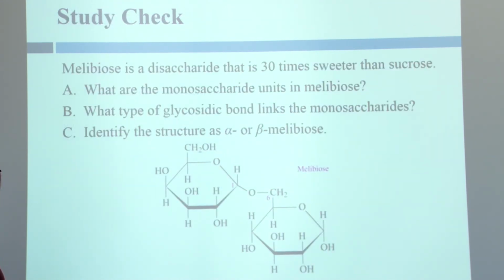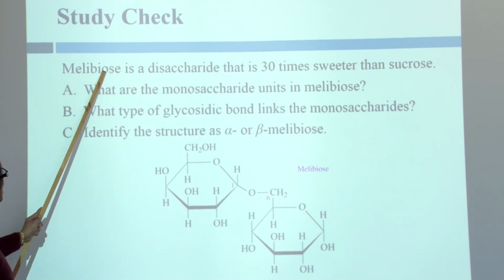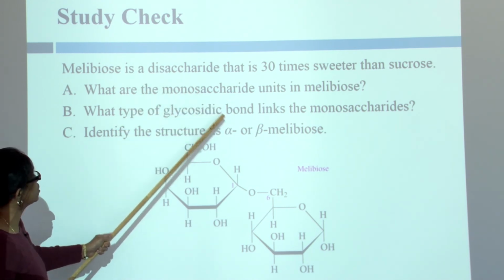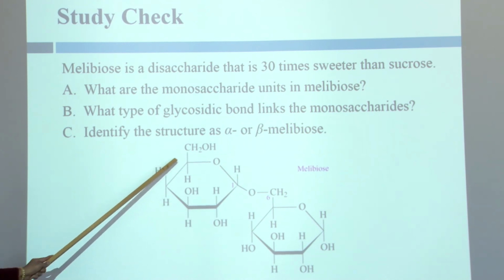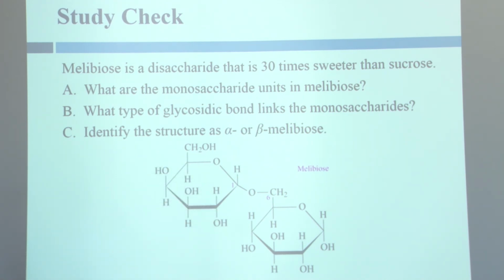Okay, so study check. Now, this is a disaccharide. Melibiose is a disaccharide that is 30 times sweeter than sucrose. So we have the structure. What are the two monosaccharide units? So let us see. This is a 6-chain ring.